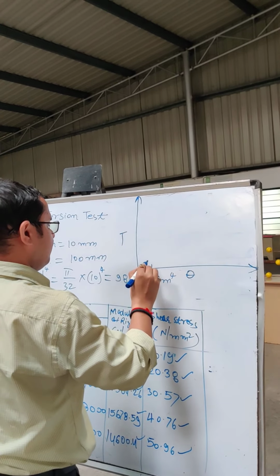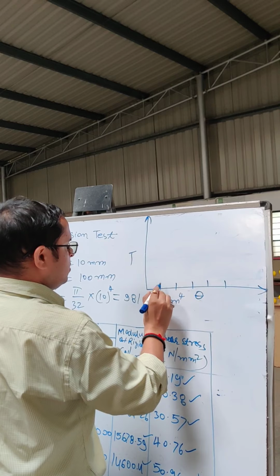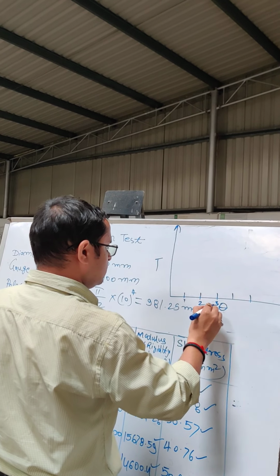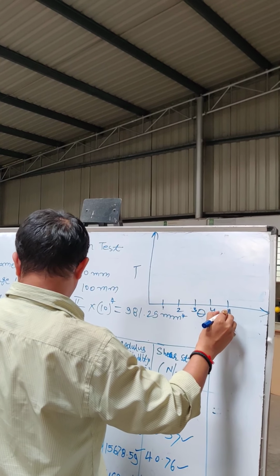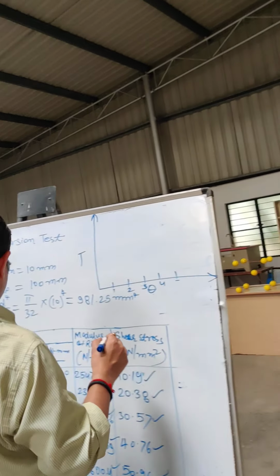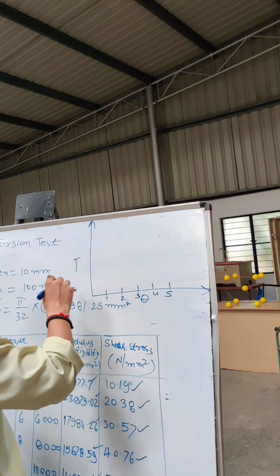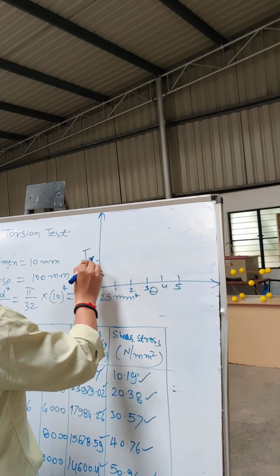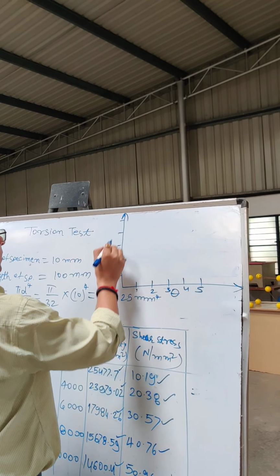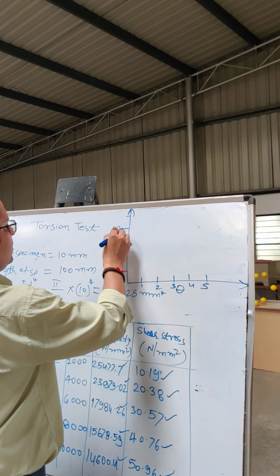The angle of twist is at equal intervals: 1, 2, 3, 4, 5, and here T is 20, 40, 60, 80, 100.